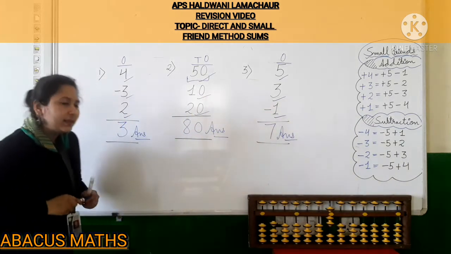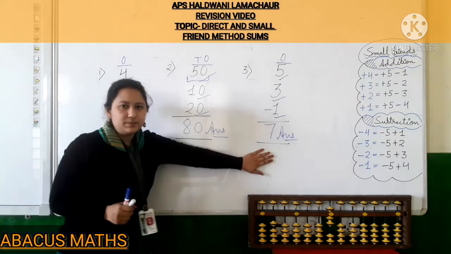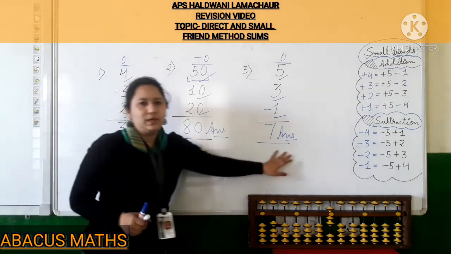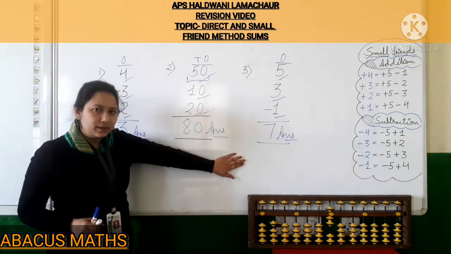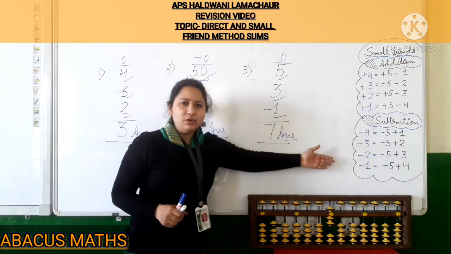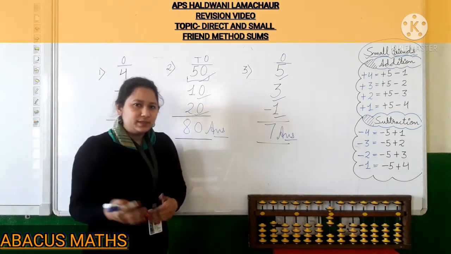I hope kids that you get these direct sums. These type of sums will come in your Abacus exam, means direct sums, and some small friend sums also, we will do afterwards.